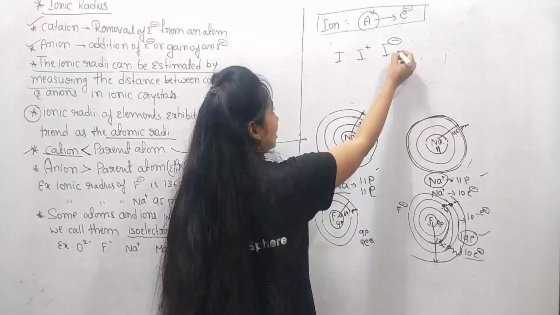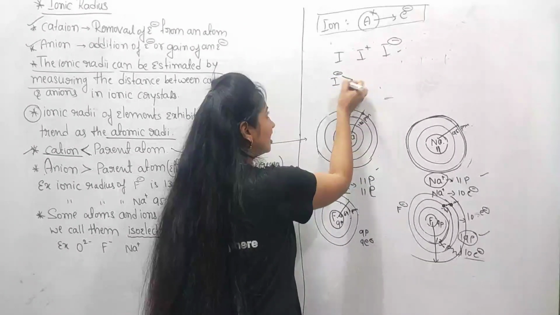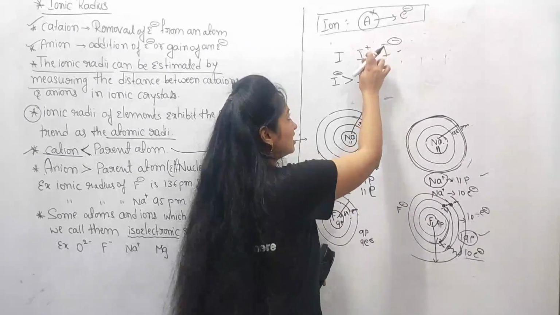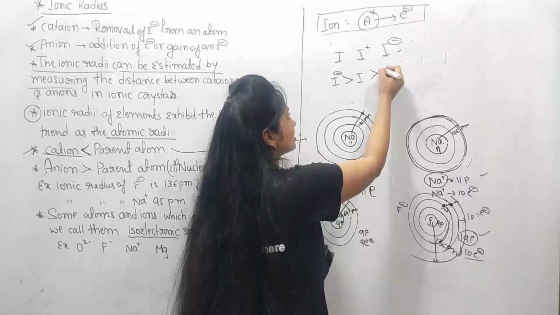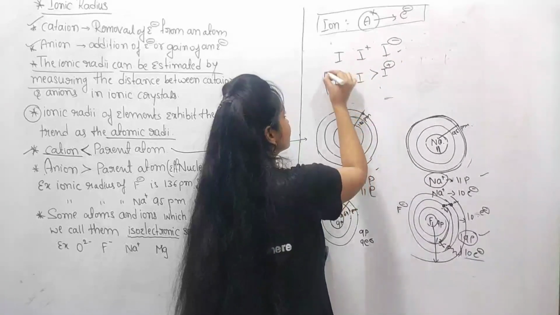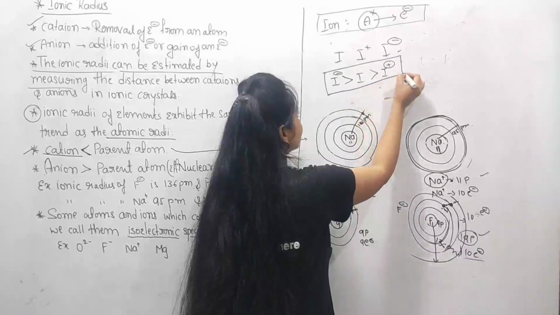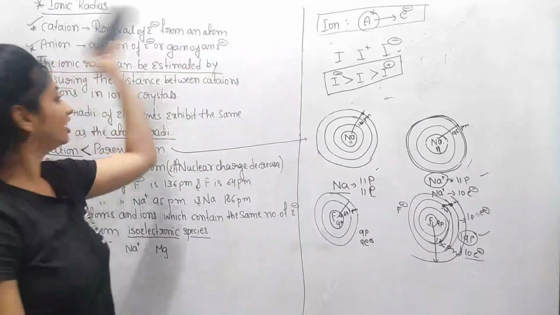Already you know that anion is bigger than its parent atom and cation is smaller than its parent atom. So this is the way of decreasing order of their ionic radii.